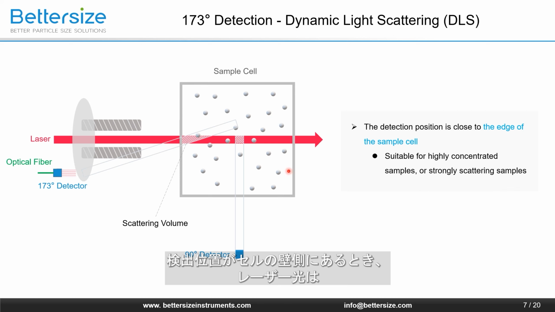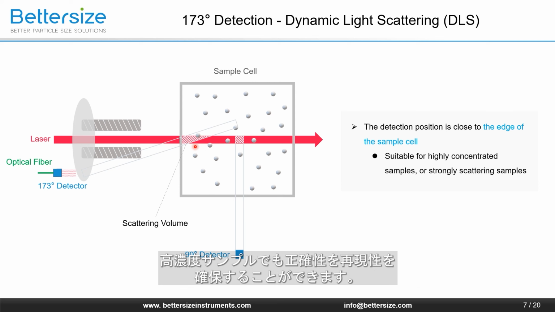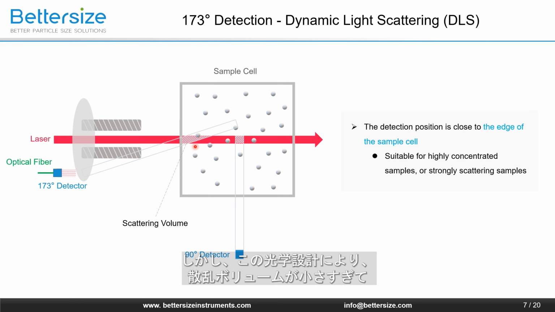When the detection position is close to the edge of the sample cell, the laser beam does not need to penetrate the sample, which can effectively minimize the multiple scattering effect of high concentration samples and ensure the accuracy and repeatability of the particle size results in the high concentration range.